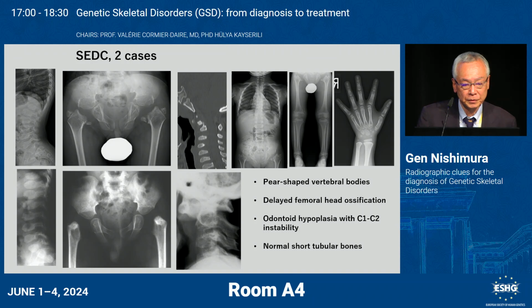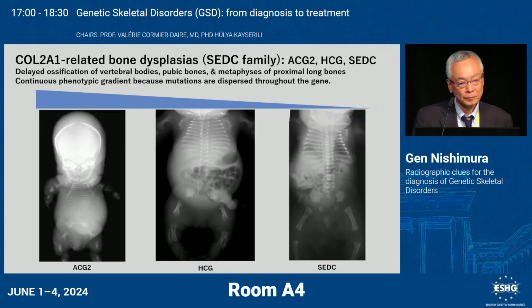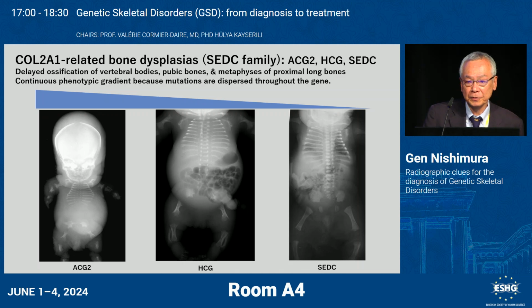Here are two cases with SEDC. You can see pear-shaped vertebral bodies, delayed ossification of the proximal femoral epiphysis, odontoid hypoplasia with C1, C2 instability, and normal short tubular bones. Type 2 collagen-related bone dysplasias include the most severe achondrogenesis type 2, intermediate hypochondrogenesis, and prototype SEDC.